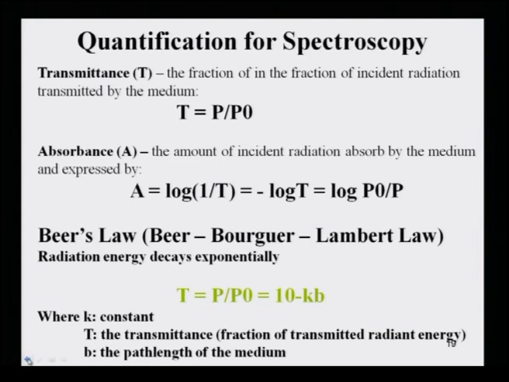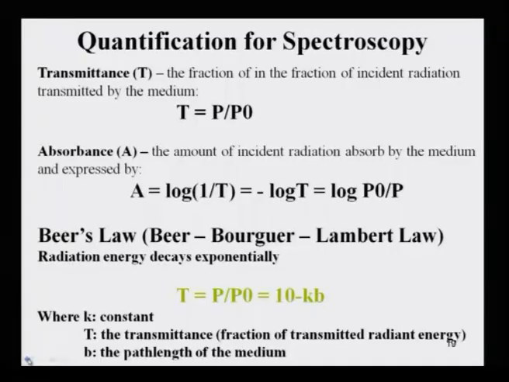That is called transmittance. Or the light is incident, it is absorbed, and then it transmits light which is slightly less in its energy. Now, the amount of incident radiation which has been absorbed by the medium is expressed as log 1 by T, or equal to minus log T, or equal to log P0 by P.